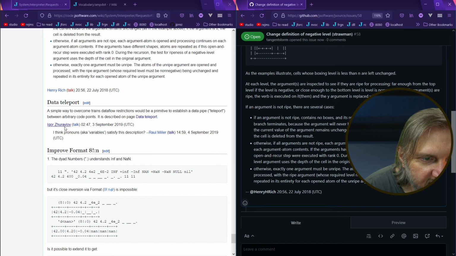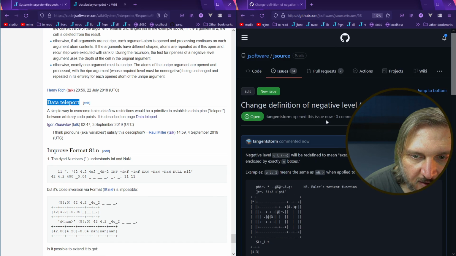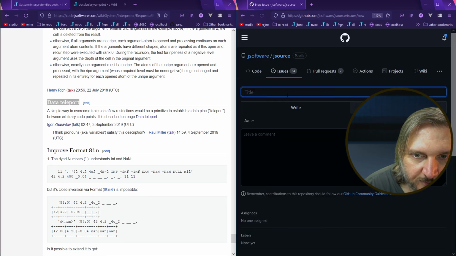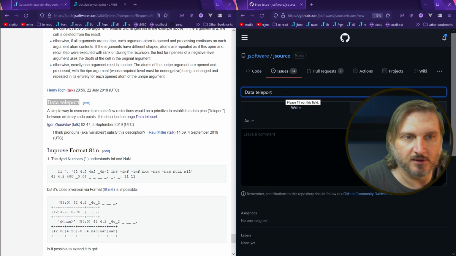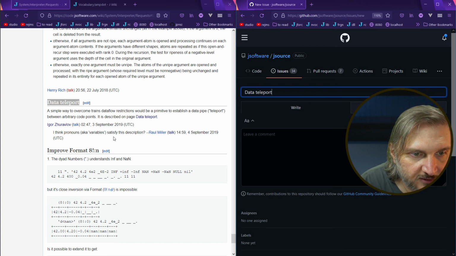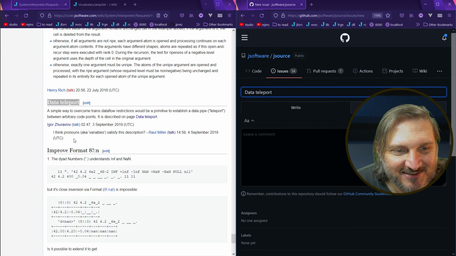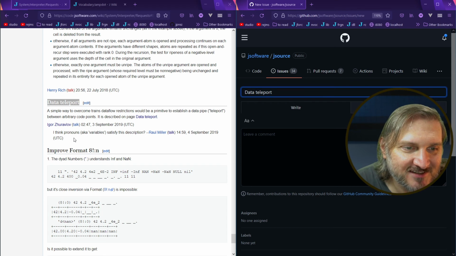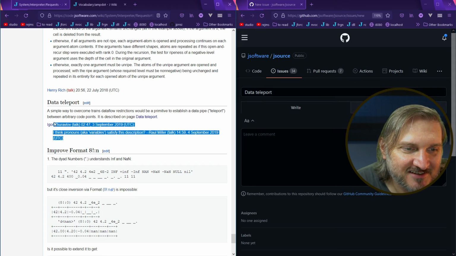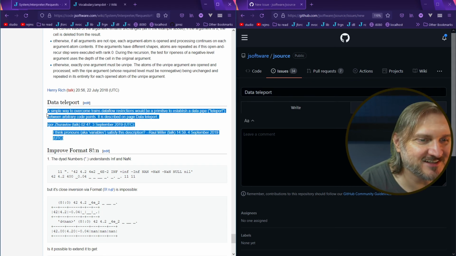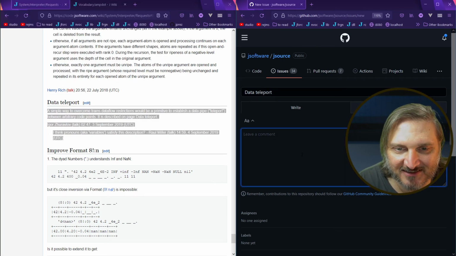We saw from Igor yesterday: a simple way to overcome trains' data flow restrictions would be a primitive to establish a data pipe teleport. Okay, so copy. New issue. Data teleport. I think pronouns, aka variables, satisfy the description. No, not exactly. Well, yeah, only if you can assign them inside the thing.